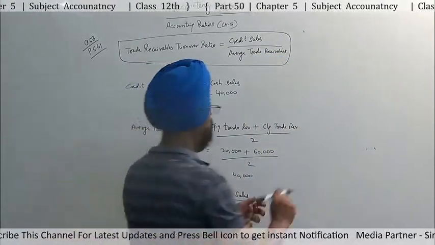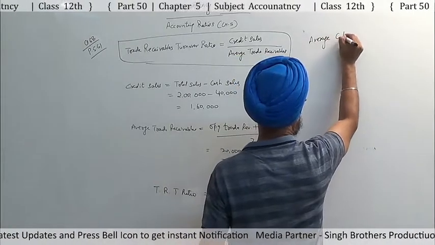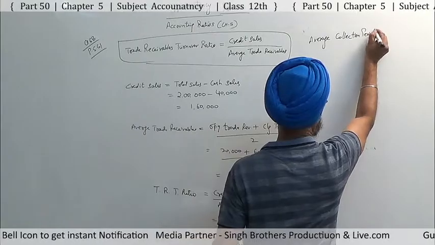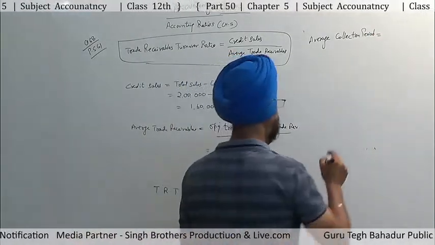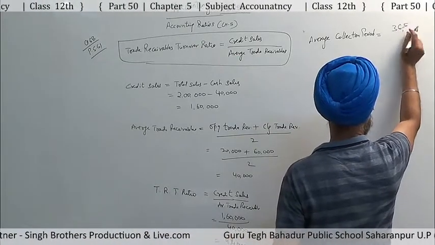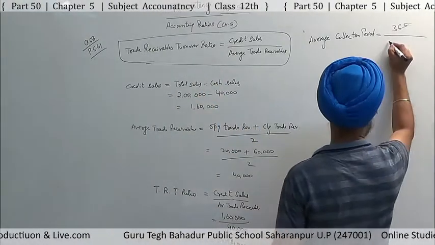Next ratio is average collection period. Average collection period equals to 365 upon trade receivables turnover ratio. Number of days in a year, 365 by this trade receivables turnover ratio, which comes 4 times.